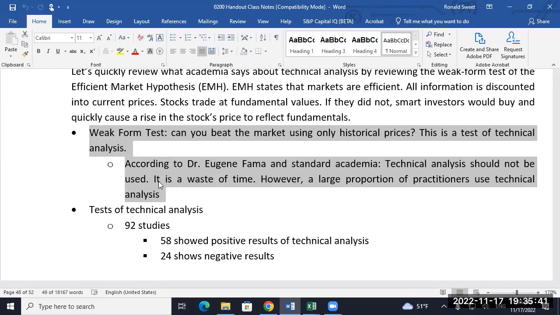And his answer was no. Now, how do you test that? To me, the best test he did was he created some stock charts, and then he created some random charts. He gave the actual charts and the random charts to analysts, and they couldn't tell the difference. So if there's a pattern there, you should be able to tell the difference from randomness, wouldn't you think? There should be something there. And so that was kind of his big test.